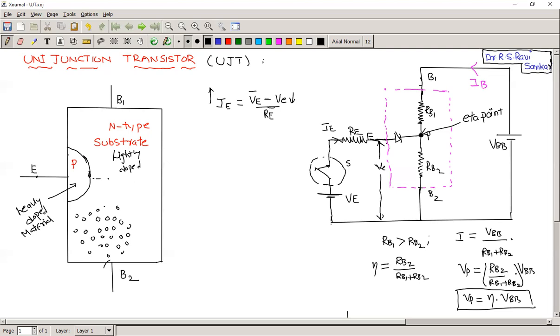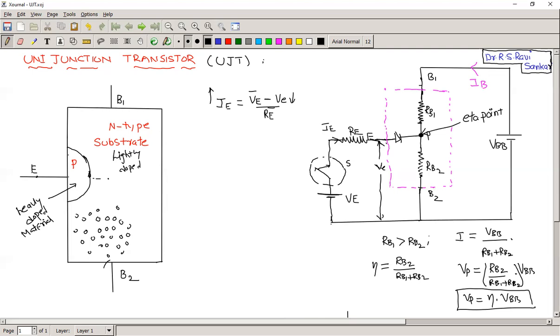At that point, the voltage of this point will be retained at a low value. After that, if we further increase the voltage, IE will increase, but the voltage drop VE will be very, very lesser. The resistance of this region decreases as the emitter current increases. That region is the negative resistance region of the UJT that we are going to use to generate a pulse which is given to the SCR.